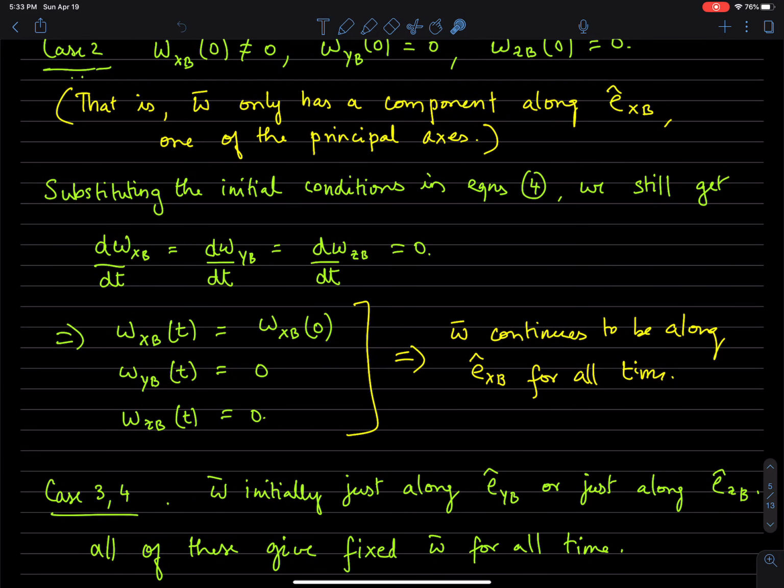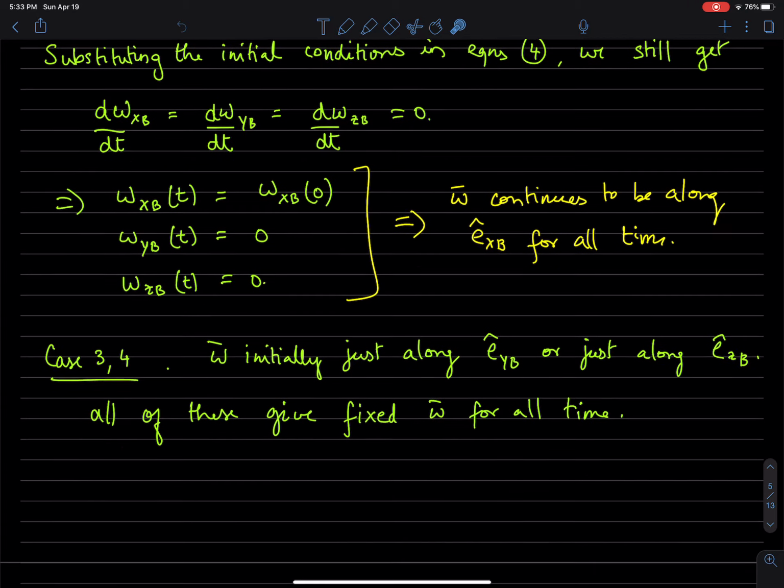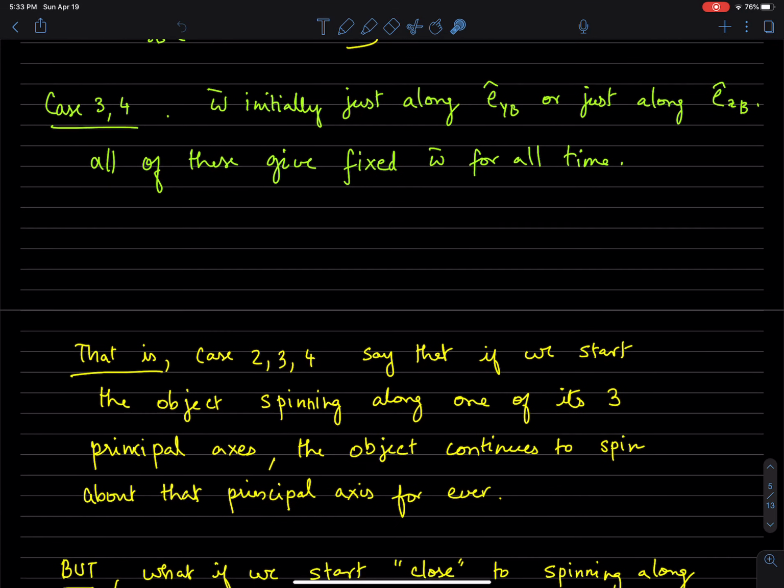So if the angular velocity is along one of the principal axes, in this case along exb because that's the only nonzero component, then it continues to spin about exb forever. So in this case, angular velocity remains constant.